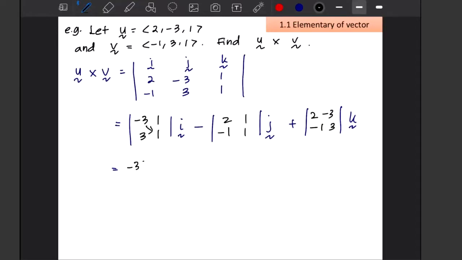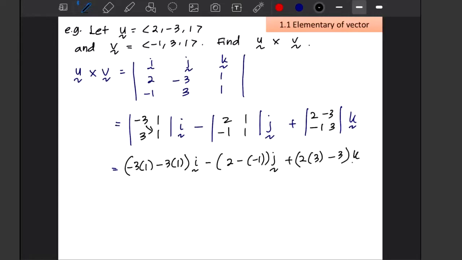Negative 3, 1 minus 3, 1, I, minus 2 minus 1, J, plus 2, 3 minus 3. Okay.